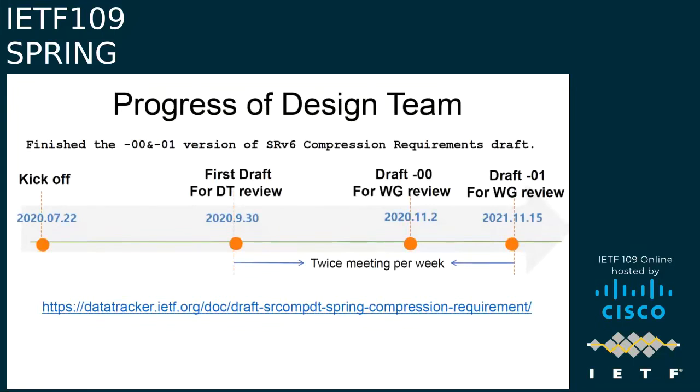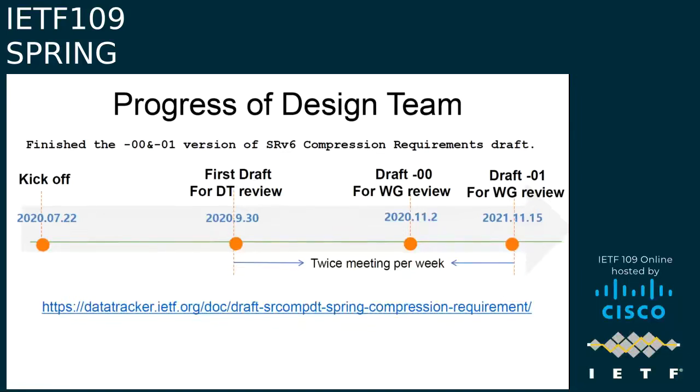So the progress of the design team is so far so good. We kicked off at the end of July, and we have had more than 20 meetings till now. We will submit the 00 and 01 version of the requirements.